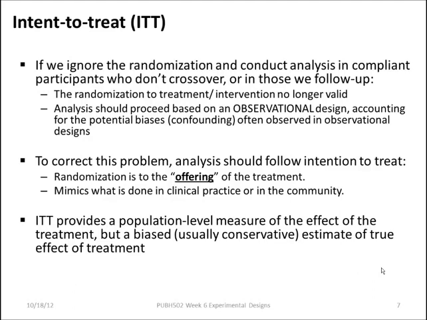So what happens if we ignore it? Well, we're basically not in a randomized study anymore. We're basically in an observational study, which is fine, but we need to do our analyses accordingly, and we need to account for all those confounding factors that may have driven loss to follow-up or crossover or compliance.